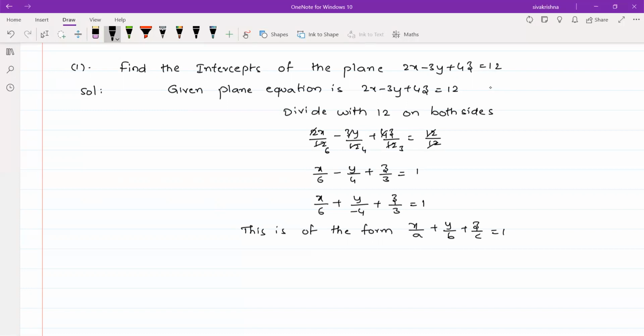Therefore, I am writing x-intercept is equal to 6, y-intercept is equal to -4, z-intercept is equal to 3. Okay, so in this way we can find the intercepts for the given plane equation.